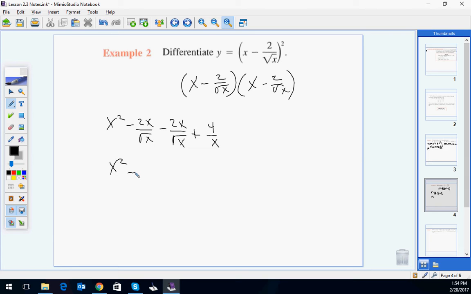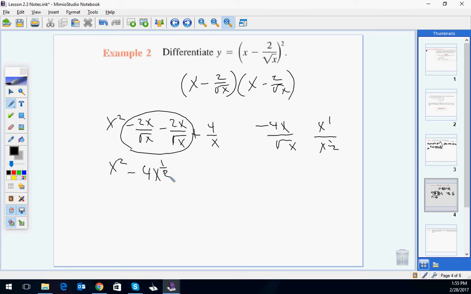If I combine these, that's a negative 4x over root x. That's what it simplifies to: minus 4x to the 1/2.